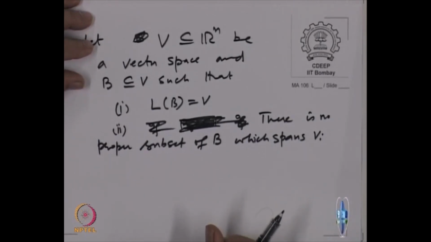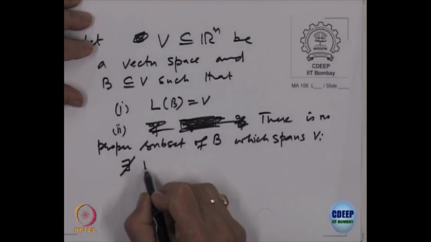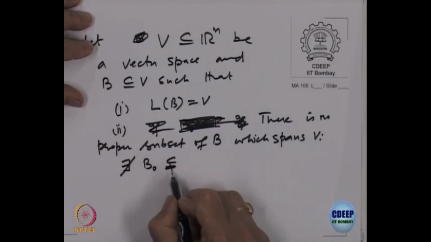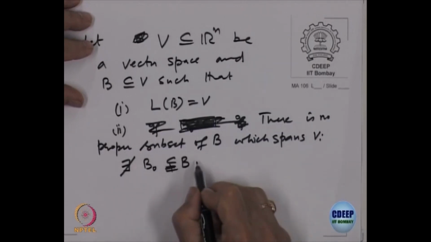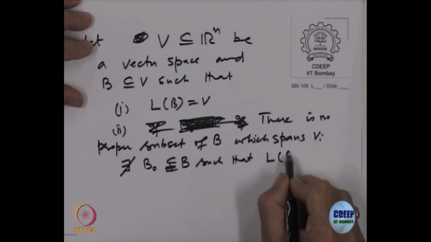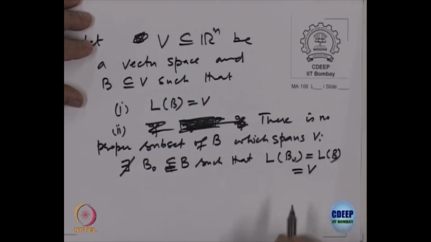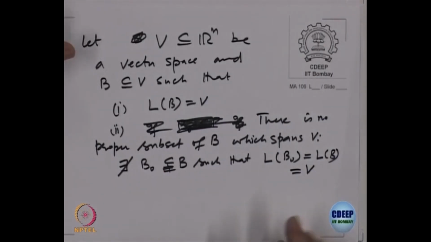That means there does not exist B naught, a proper subset of B, such that the linear span of B naught is equal to the linear span of B, which is equal to V. 1, B spans V, right, the set B spans, and from B I should not be able to cut down something so that the smaller thing also spans.